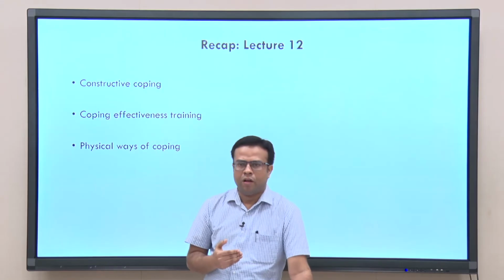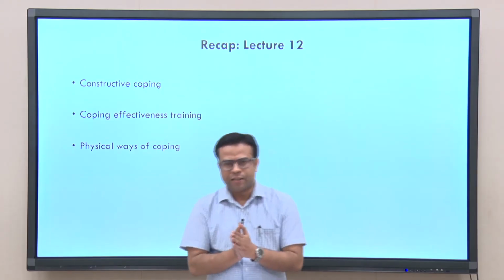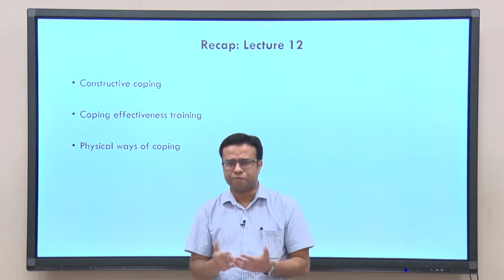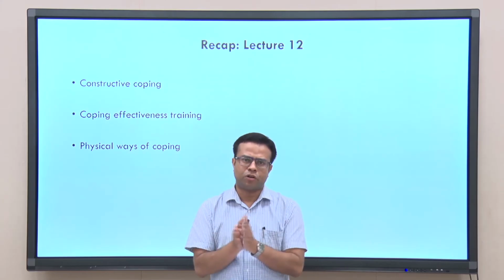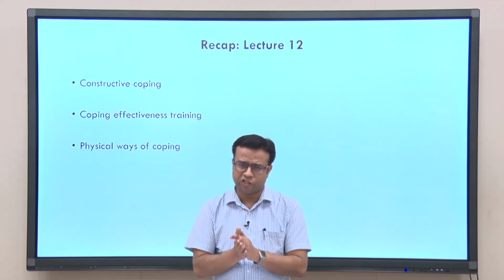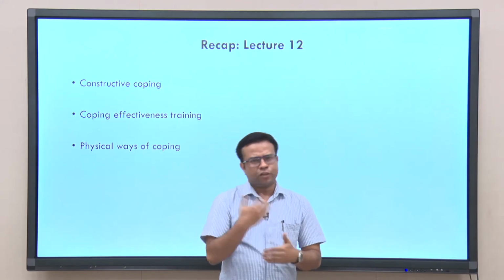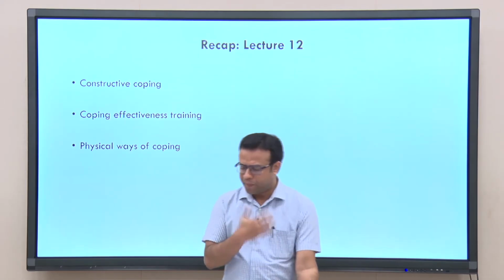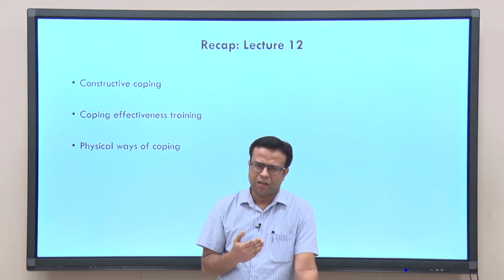In that context, we also tried to understand that the quality of life, the productivity and the efficiency of our life largely depend on the effectiveness of the coping strategies that we use in our day-to-day life. We discussed Kaplan's 7 characteristics of effective or constructive coping.